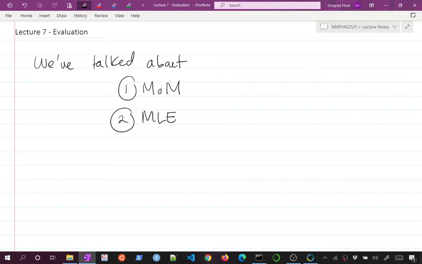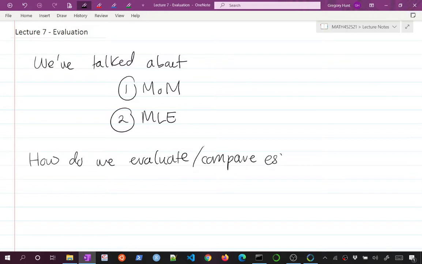in different manners. And a question that we're going to study for the next part of this course is how do we evaluate or compare estimators.